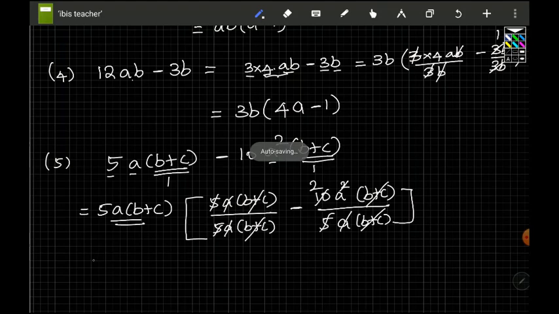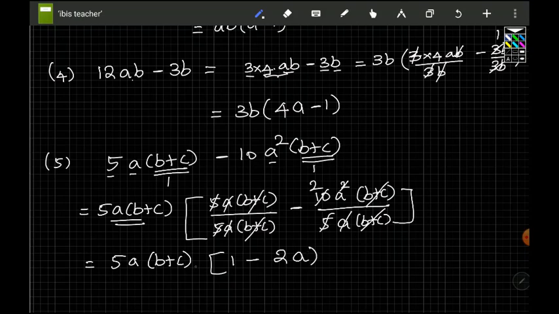So it is 5A into B plus C into 1 minus 2A. So the answer to this question will be like this.